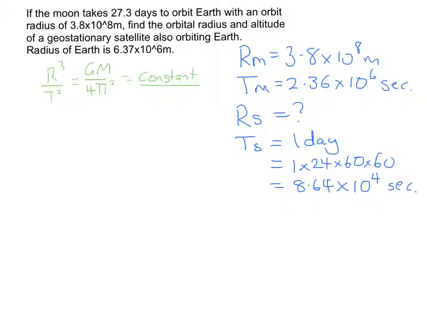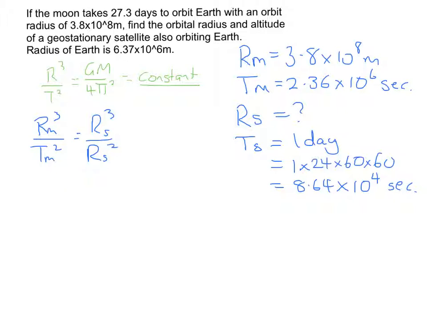So now what we do is we apply this to the ratio that we have, where we have the radius of the moon's orbit cubed over the period of the moon's orbit squared is equal to the radius of the satellite's orbit cubed over the period of the satellite's orbit squared.